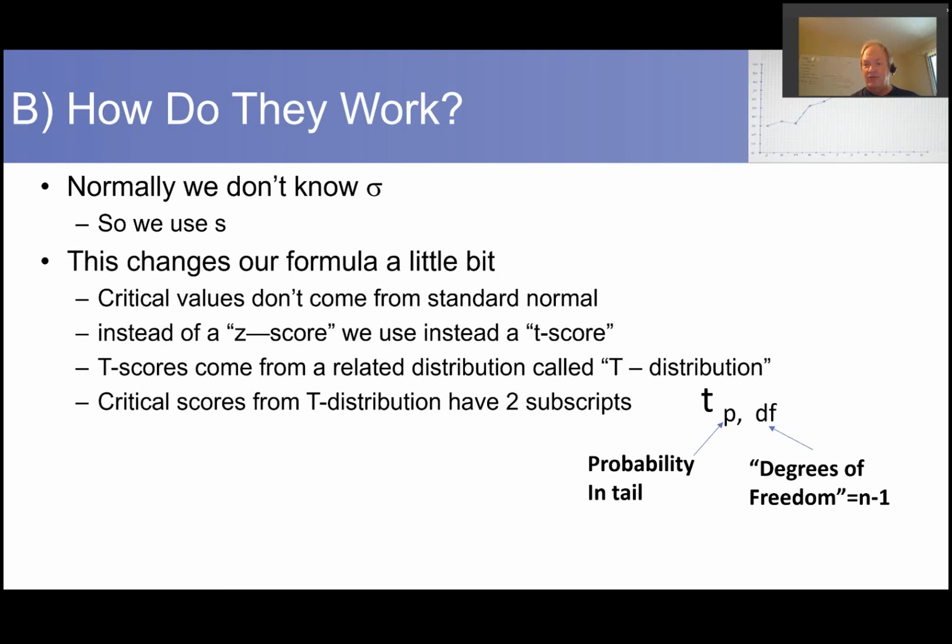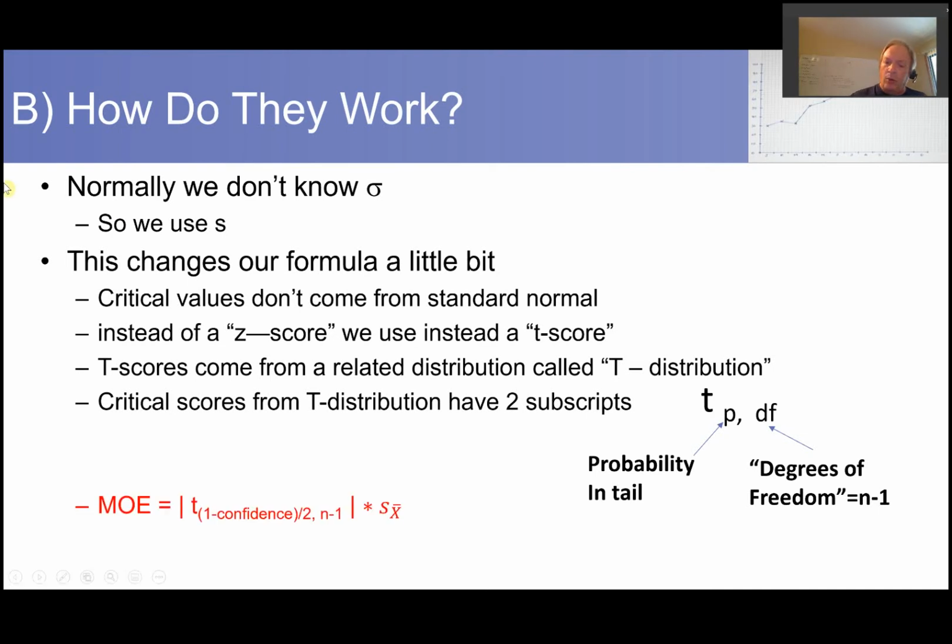And this df stands for degrees of freedom. I don't want to go into what degrees of freedom mean. All we need to know is that it's one less than the sample size. So if I wanted to find the degrees of freedom, I would just take the sample size and subtract 1. And you'll see it on the output. We're generally not going to use that, but it's just something to help you get your bearings and understand what you're looking at.